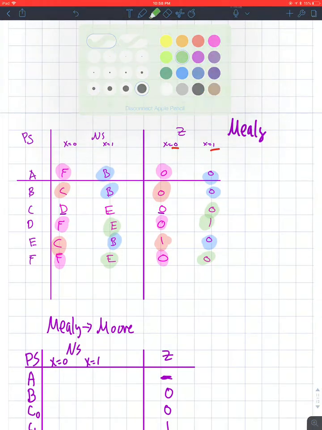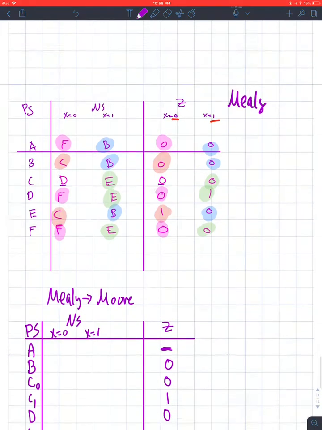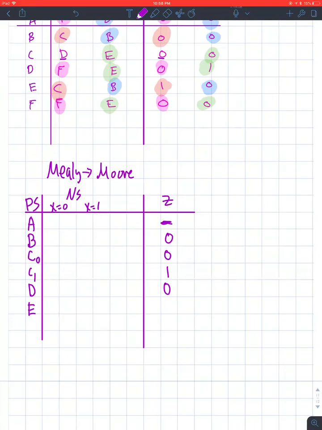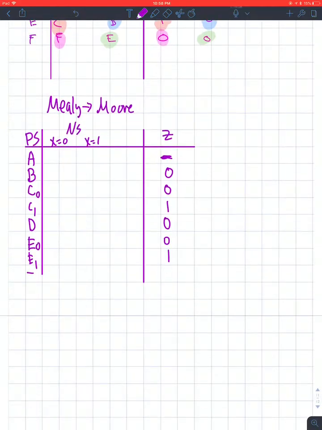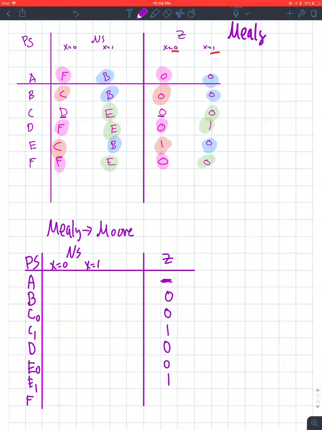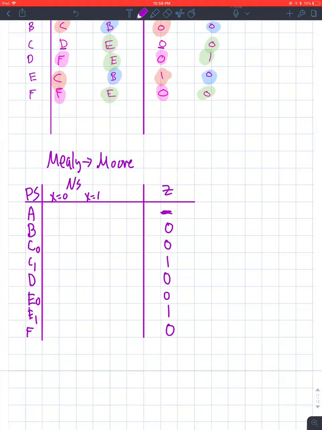E is right here. It's in green, and then the output is either a 0 or a 1. So you're going to put e0 here, and e1. Then you just match the outputs with its subscript, and then f. We have f appearing in pink. It's always 0, so you're going to put 0 here.